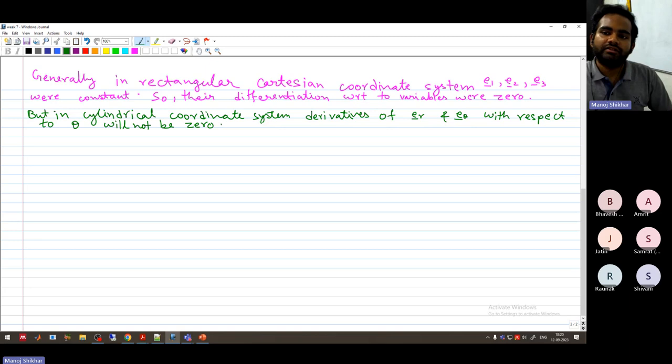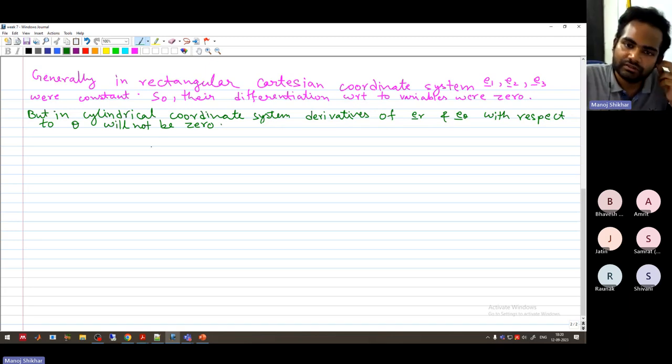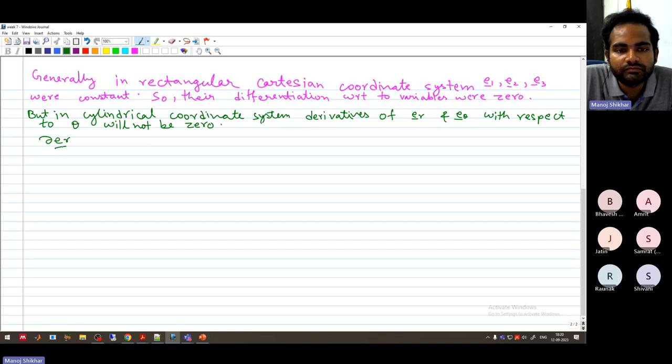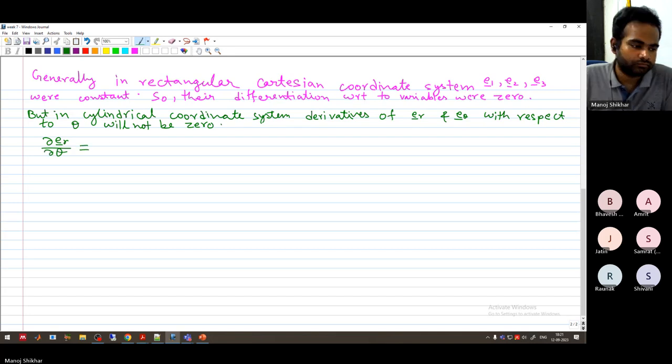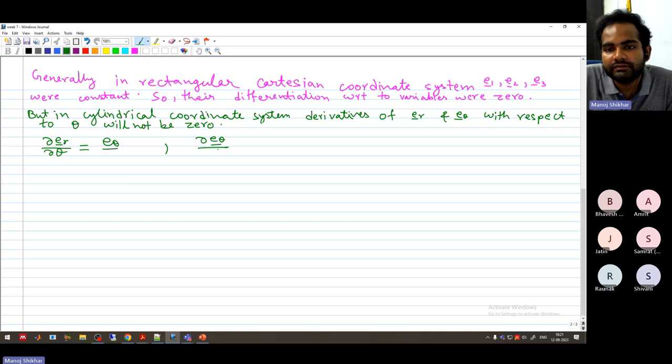So what are the values of these? If you do the calculation, you will get the following result. Del ER by del theta is E theta, and del E theta by del theta is minus ER.